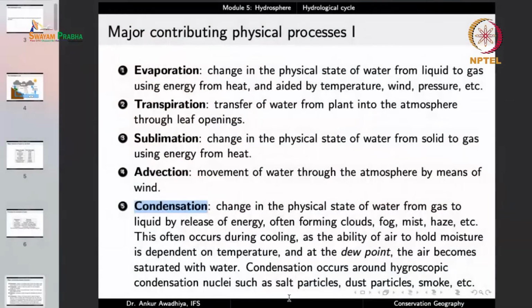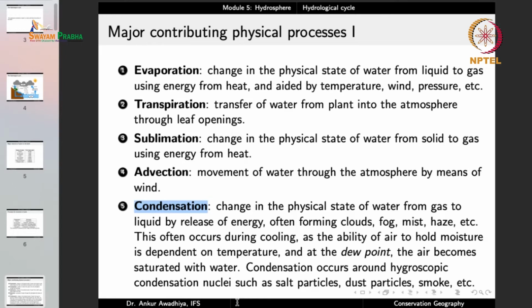So this loss of moisture will happen through the process of condensation. So in condensation, this moisture in the form of water vapor will be converted into liquid water and it will be shed out of the air. And this happens when the temperature is at the dew point or below the dew point.